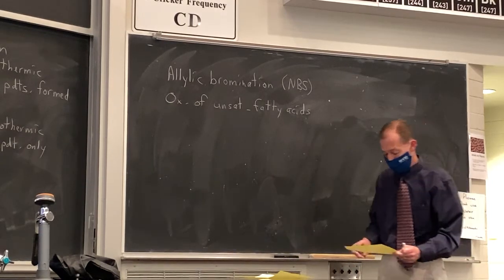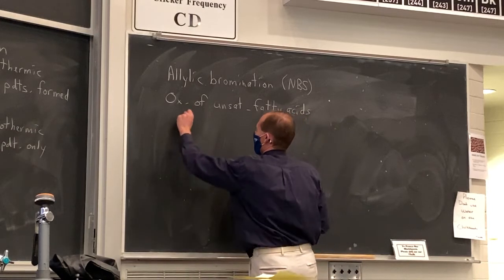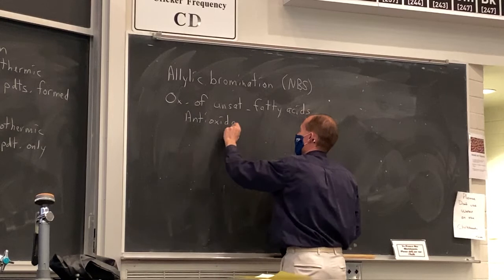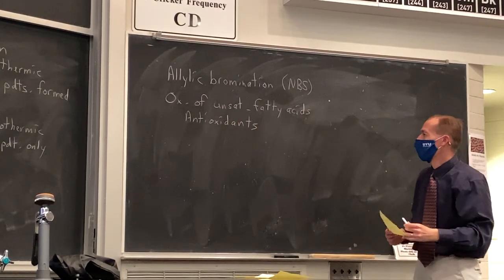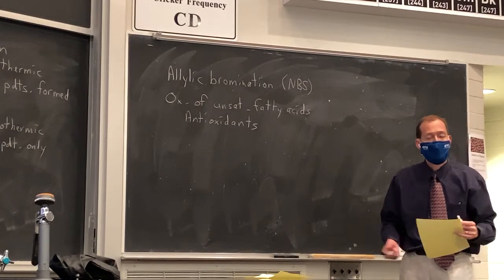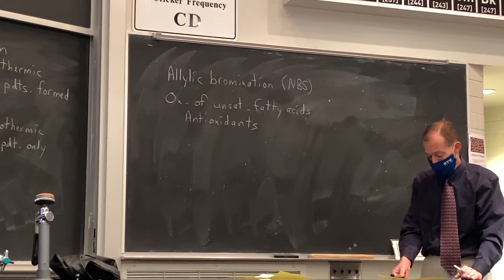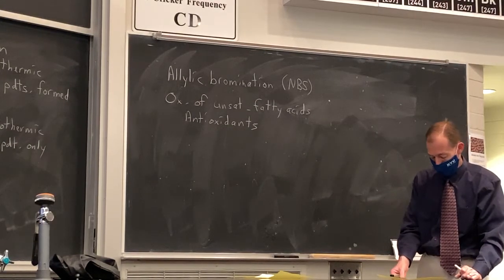And then in conjunction with that topic, we learned a bit about antioxidants, which are a type of radical scavenger, something that we defined earlier in the chapter. We learned about BHT and vitamin E and how those function as antioxidants, how BHT is a biomimetic molecule.